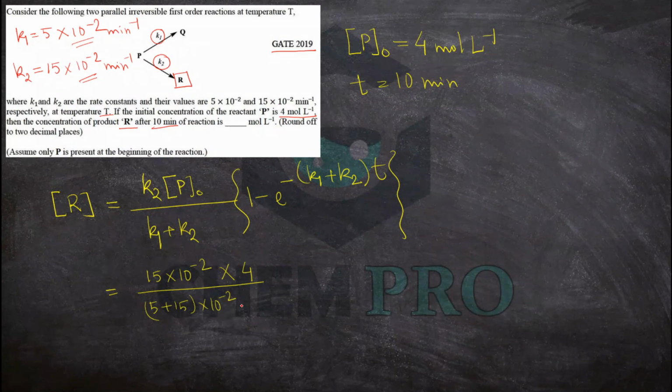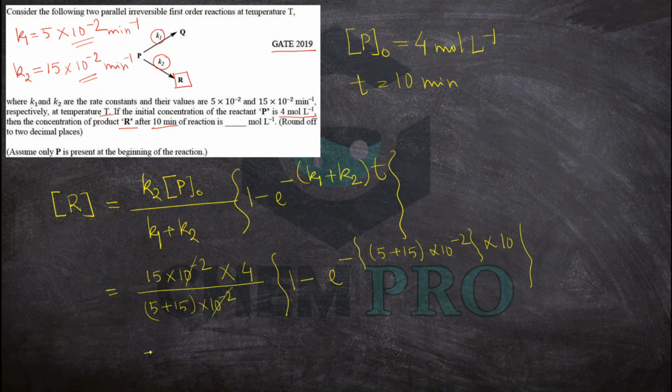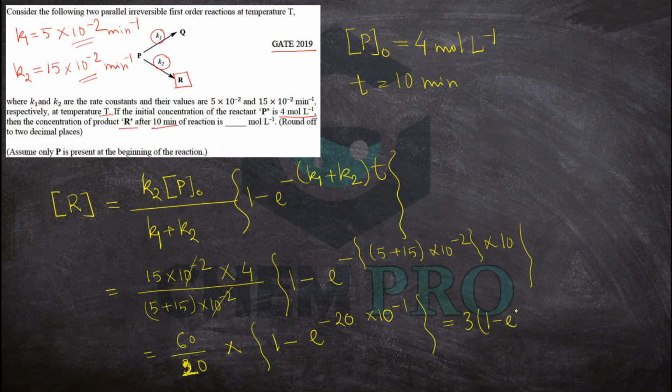And 1 minus e to the power minus (5 plus 15 into 10 to the power minus 2) into 10. By calculating this we get 60 by 20, into 1 minus e to the power minus 20 into 10 to the power minus 1, and from this we get 3 into 1 minus e to the power minus 2.